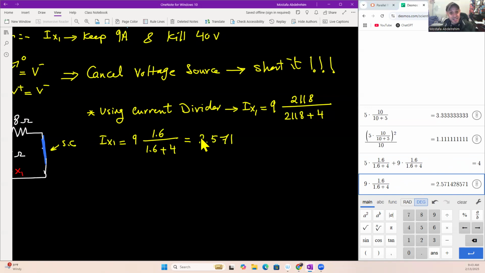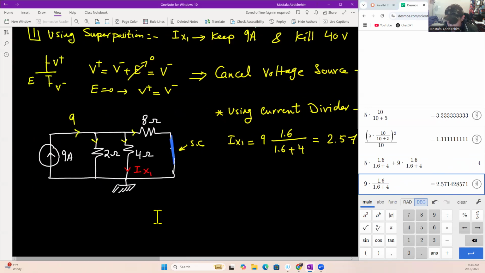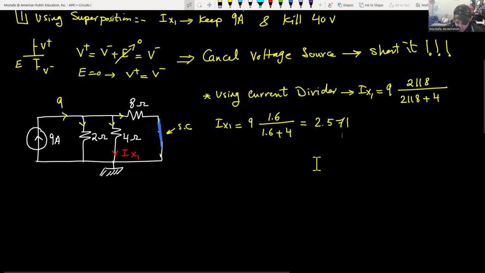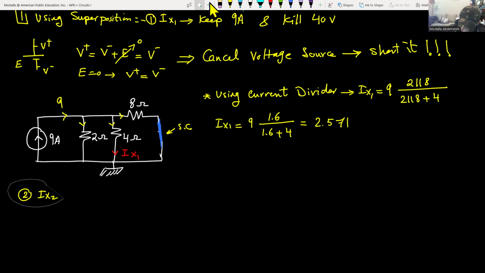Okay, that's IX1. Now let's determine IX2. So I'm gonna maximize again. So this is number 1, number 2, IX2. Let's make it with another color so you can easily determine what we are talking about.